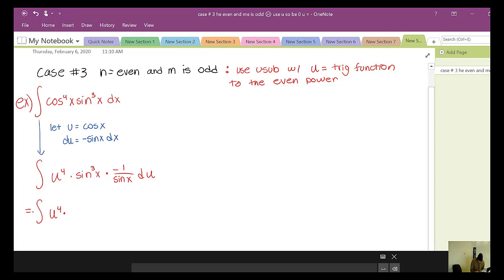But we can see here that sine cubed divided by sine will be sine squared, which, if you remember the previous problem, we get rid of in the exact same way. We replace it with its cosine squared equivalent, and there we can substitute u in.